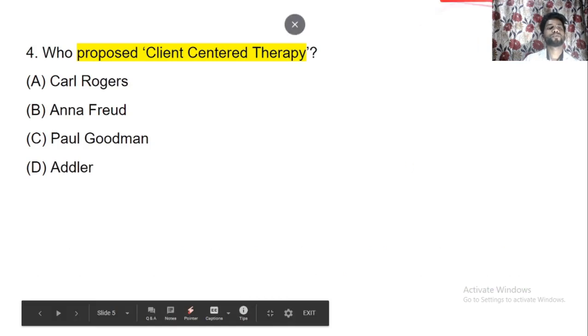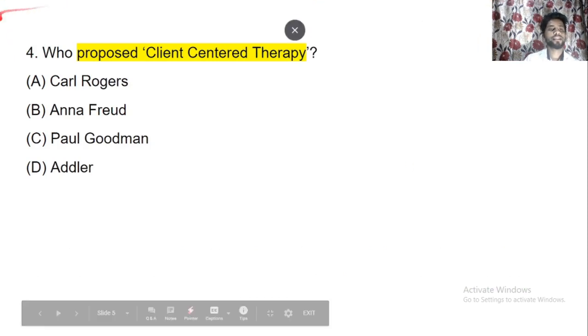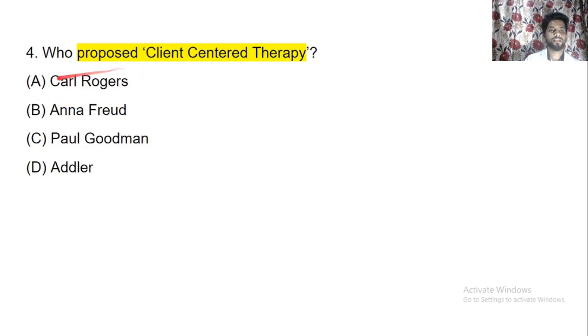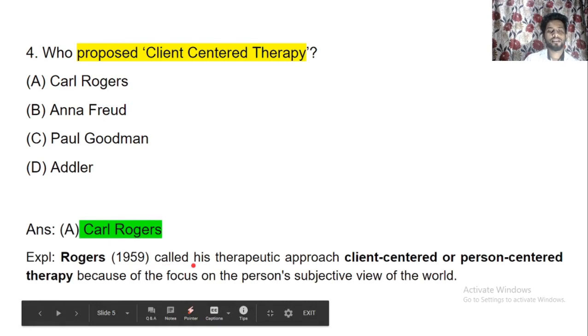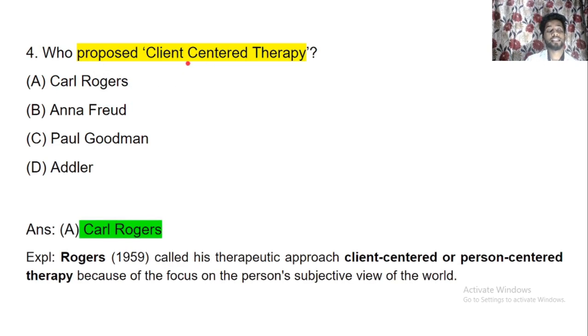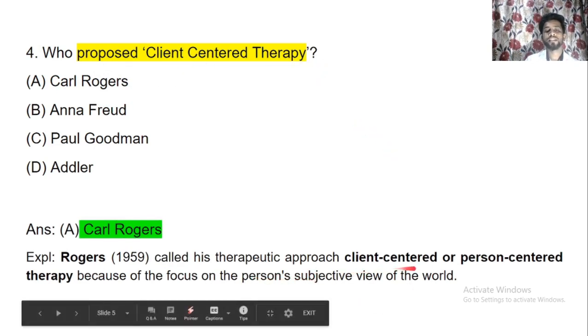Now, who proposed the client-centered therapy? We know that the answer will be Carl Rogers. In 1959 Carl Rogers proposed this therapy, that is client-centered therapy, a therapeutic approach.